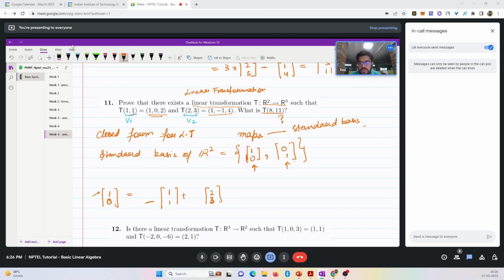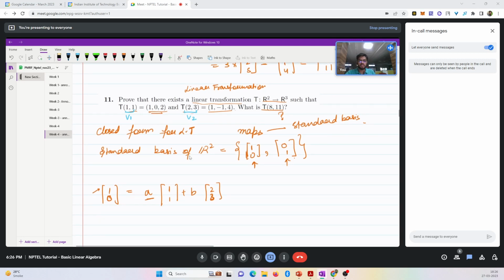Okay, we want 1, 0. So we want to multiply this by a and this by b, right? What does that mean? That a plus 2b is 1 and a plus 3b is 0. From here we obtain a as minus 3b.